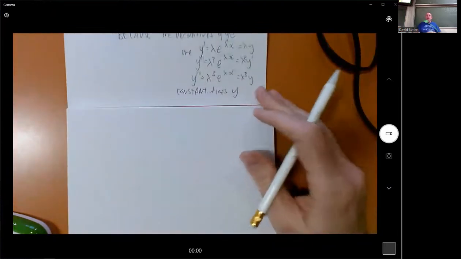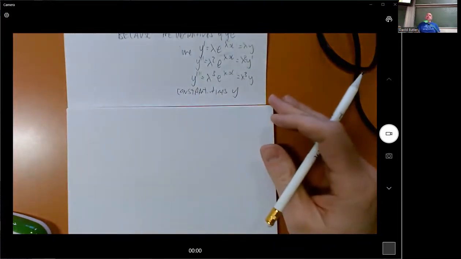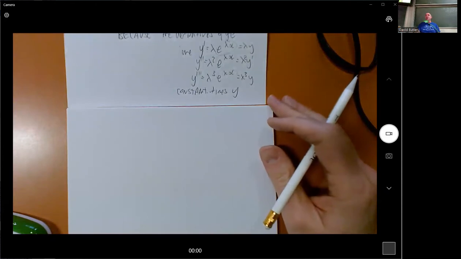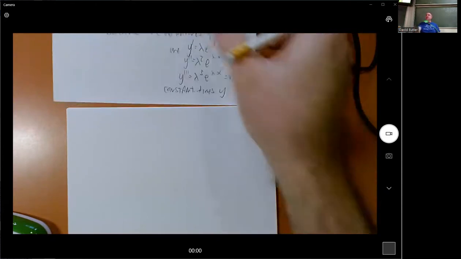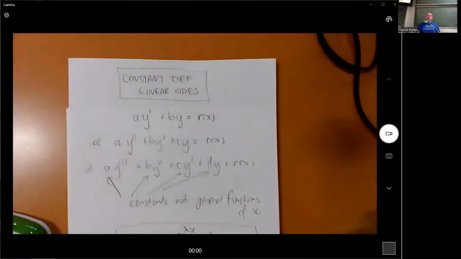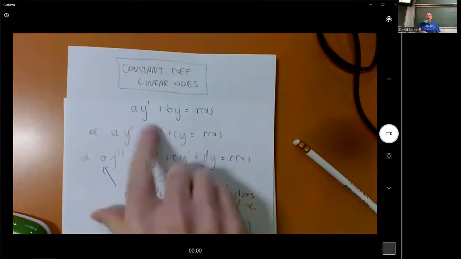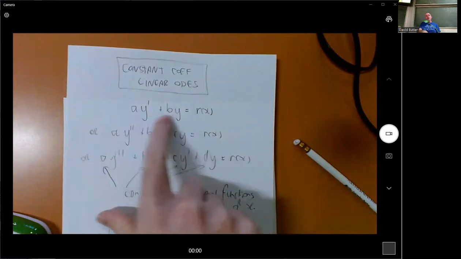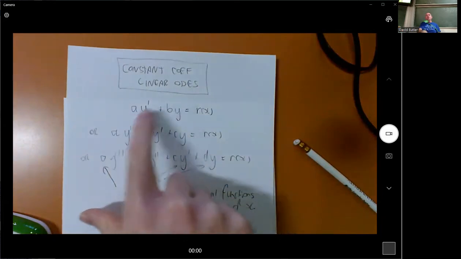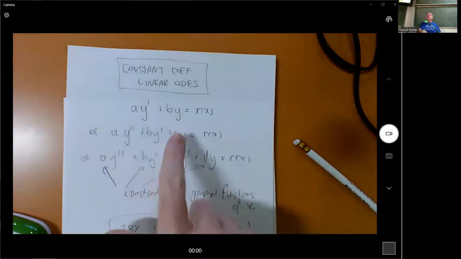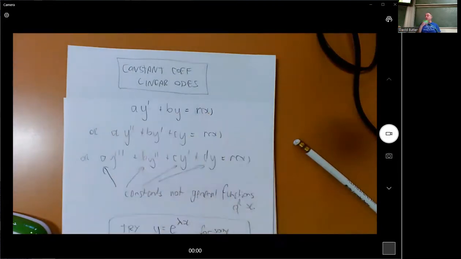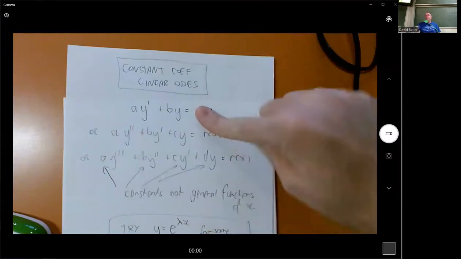Okay. The other thing we're going to do is some linear algebra, which is that when you want to solve something, this is a linear operation. If I have two answers for y, then when I add them, there will be a new answer for y that will still be a solution, but only if this is 0.